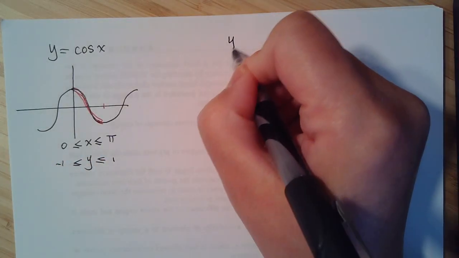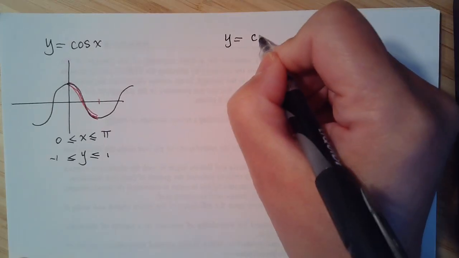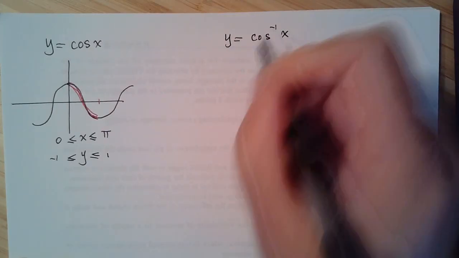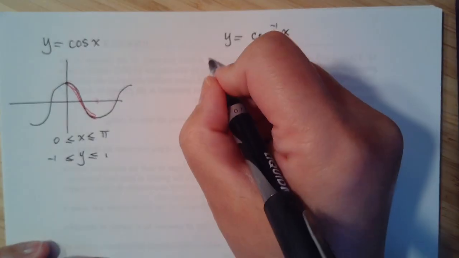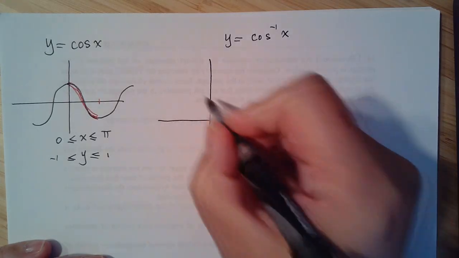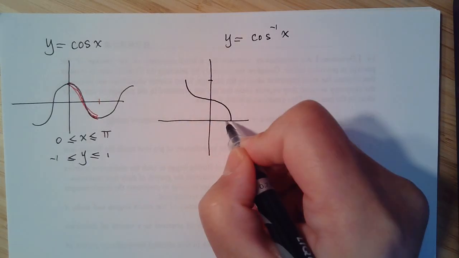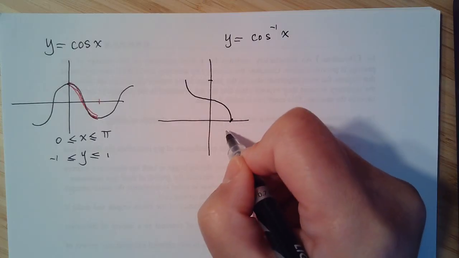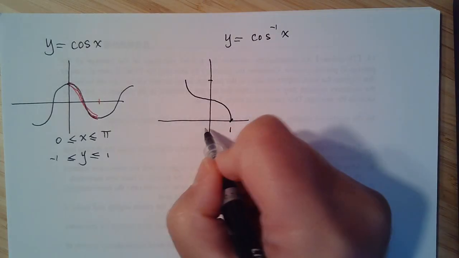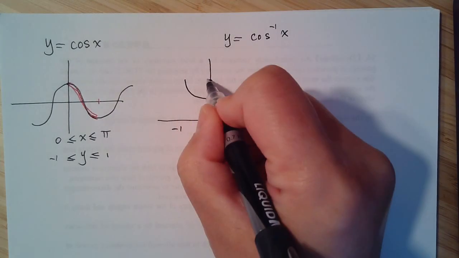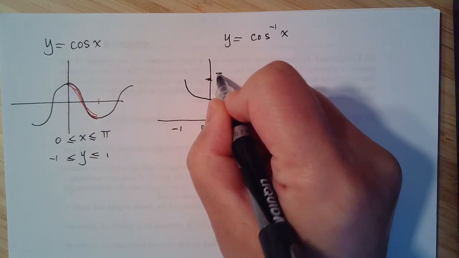So what about y equals cosine inverse x? I flip it, and the graph will look like this. This is 1, this is -1, and here is pi.